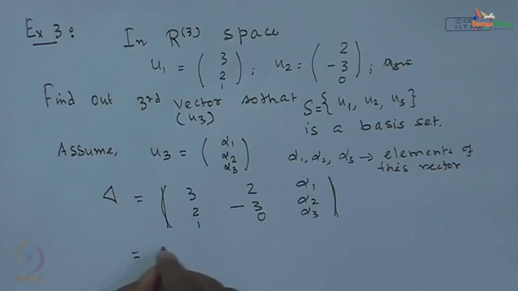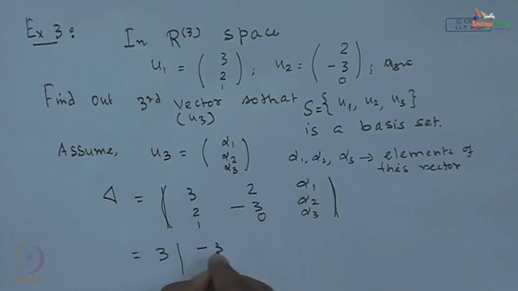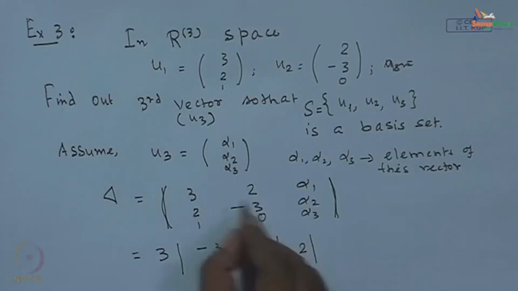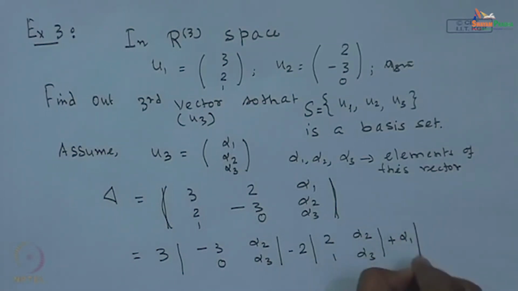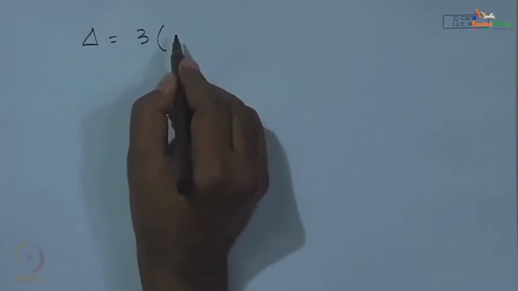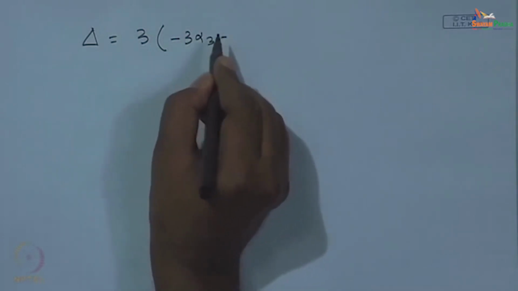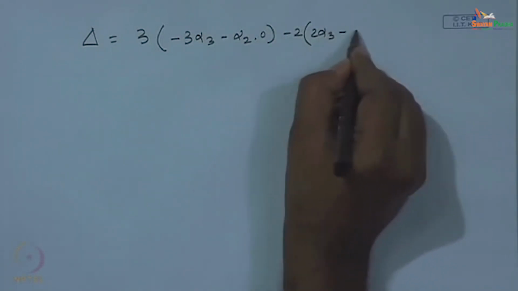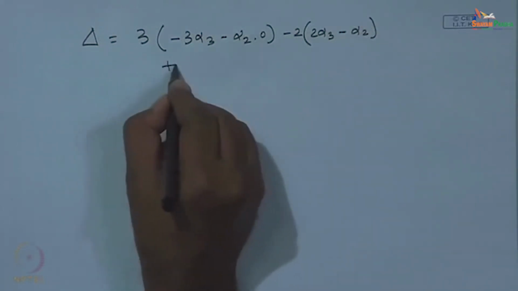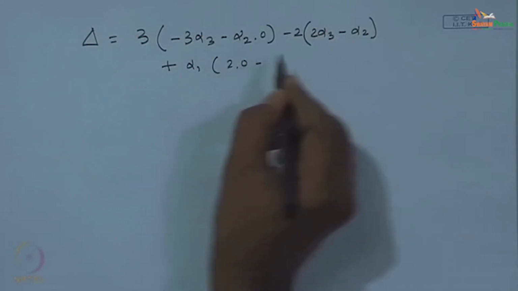Expanding it, 3 times minus 3 into alpha 3 minus 0 into alpha 2, minus 2 times 2 into alpha 3 minus 0 into alpha 1, plus alpha 1 times 2 into 0 minus minus 3 into 1.